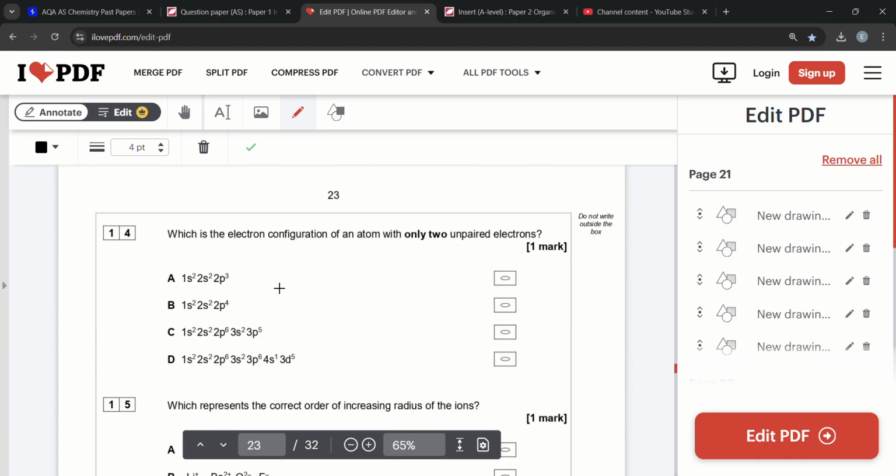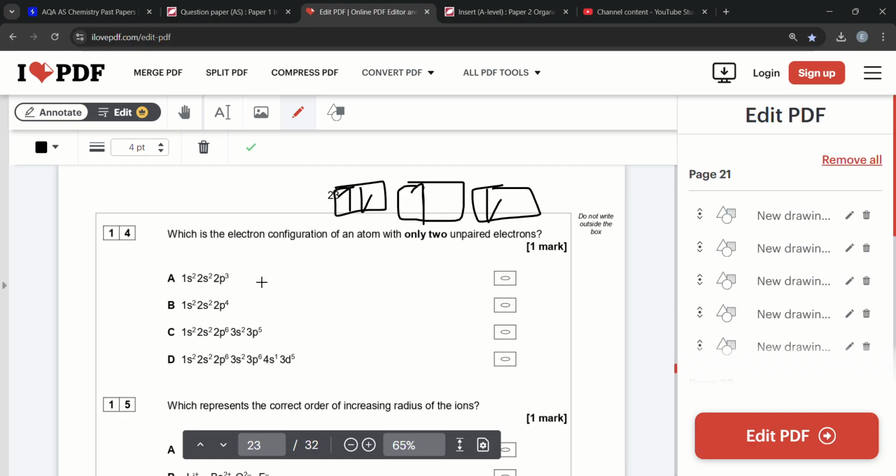Question 14. Which electron configuration is of an atom with only 2 unpaired electrons? So if you look at this, in this case the p orbitals, for A, B and C, 2 unpaired electrons should look something like this.